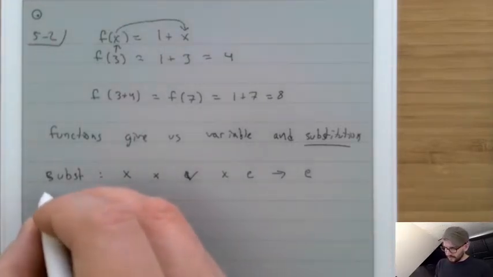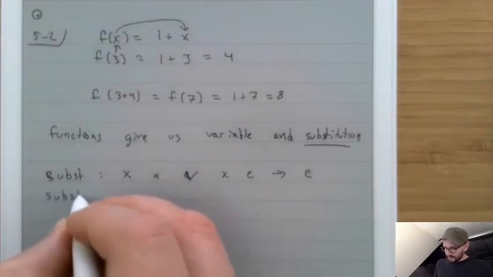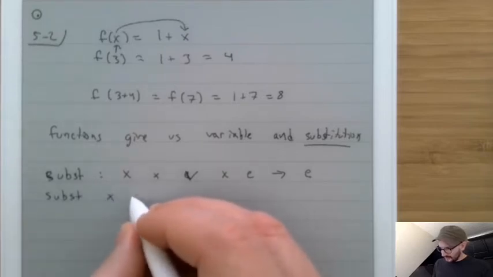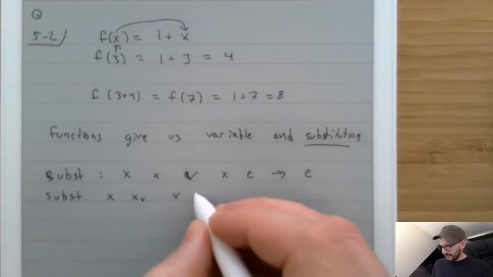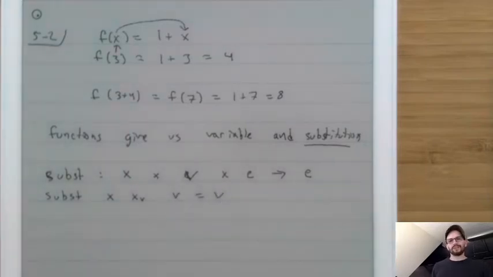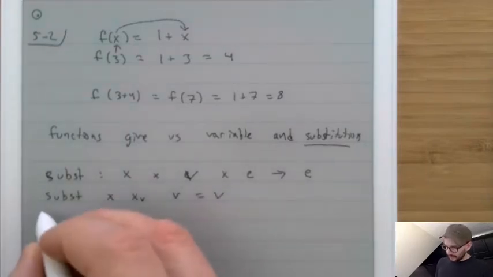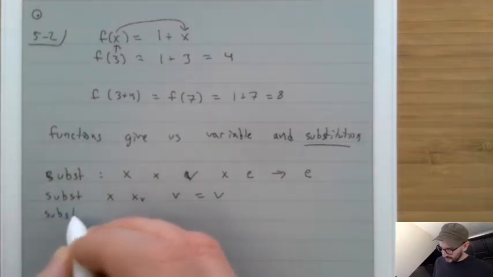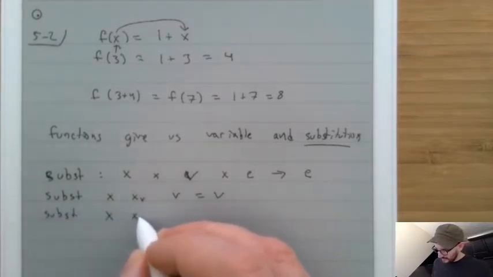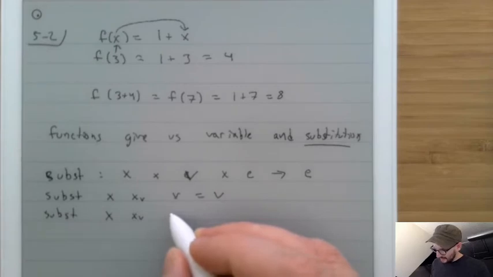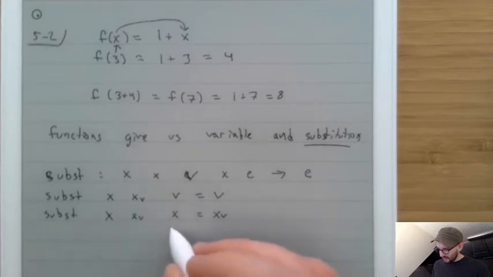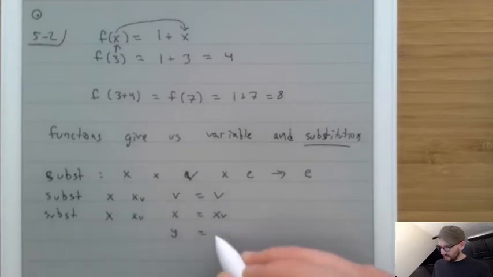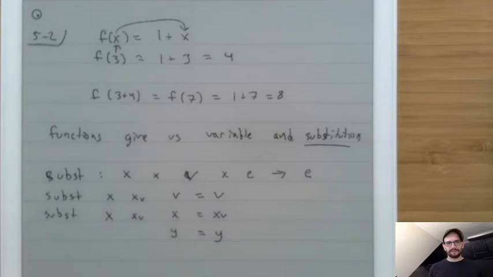So for instance, if we call subst with x and xv, and we give it a value, then we just get back the same value because there's no variable inside of there. If we call subst on x, xv, and some variable like x, then we would get back xv. But if we called it with a different variable y, then we would just get back y.